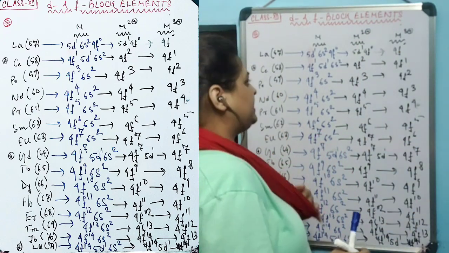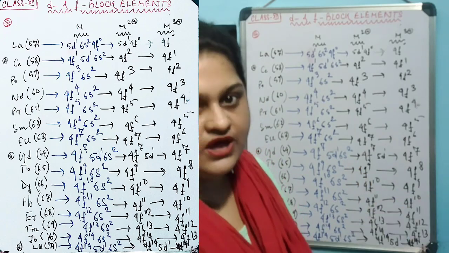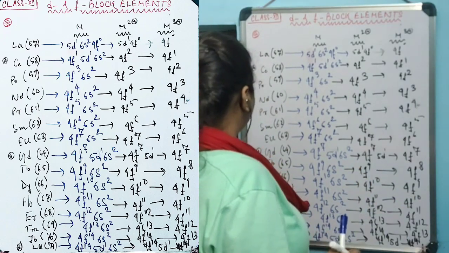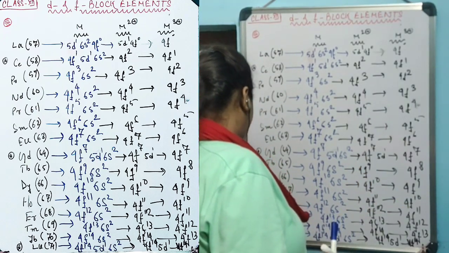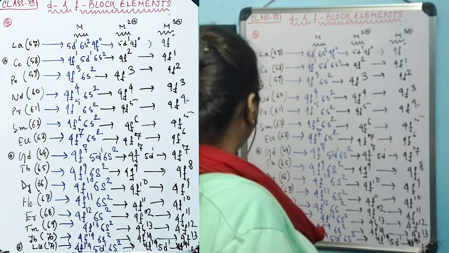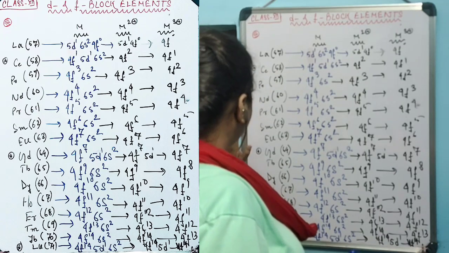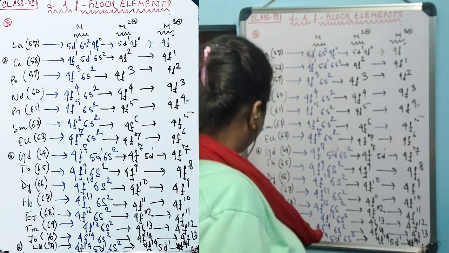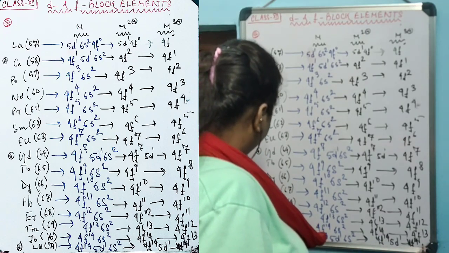The starting element is lanthanum, with 4f0, and then the series: 1, 2, 3, 4, 5, 6, 7, 8, 9, 10, 11, 12, 13, 14, 15.